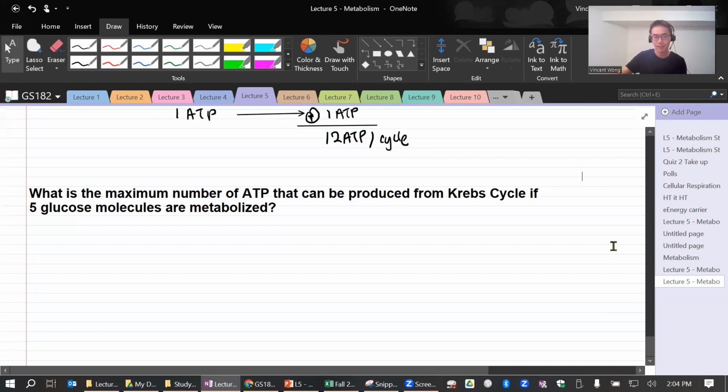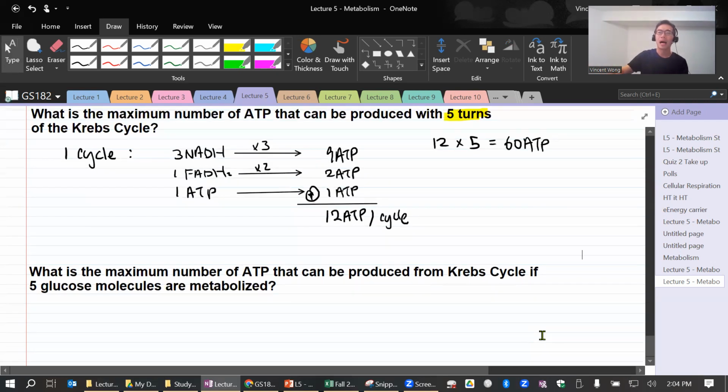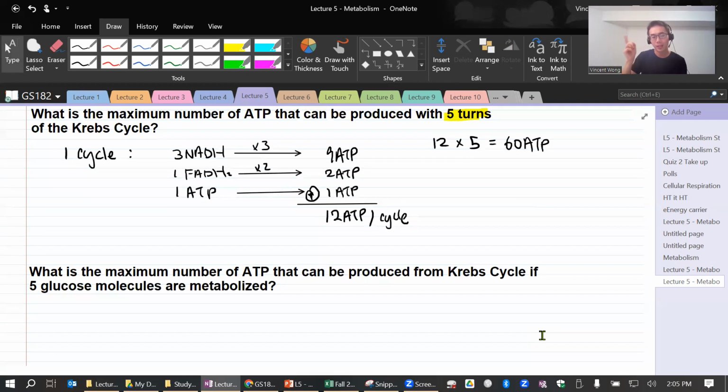Okay, let's think about this. How many times does the Krebs cycle turn for 1 glucose? If we break down 1 glucose, how many times does the Krebs cycle spin? Two times.